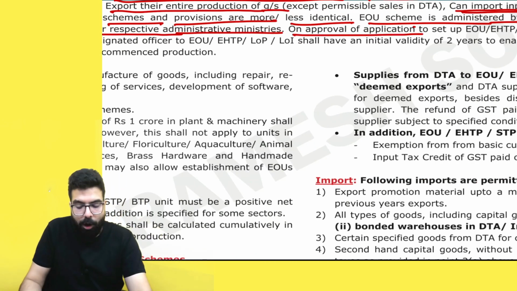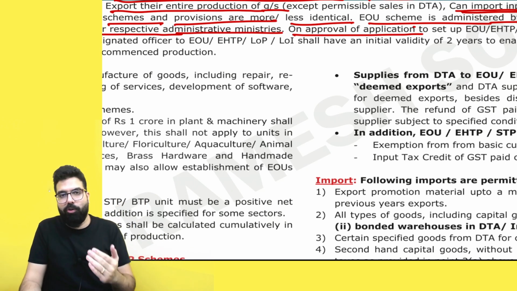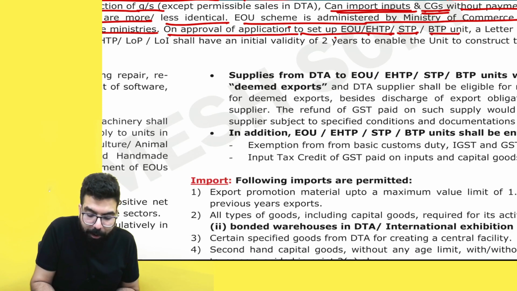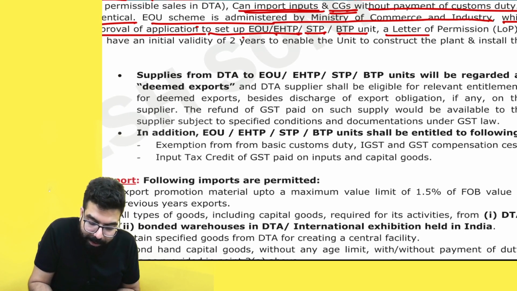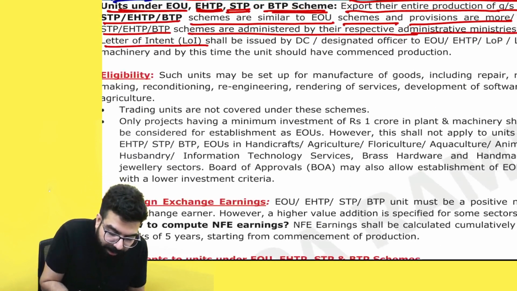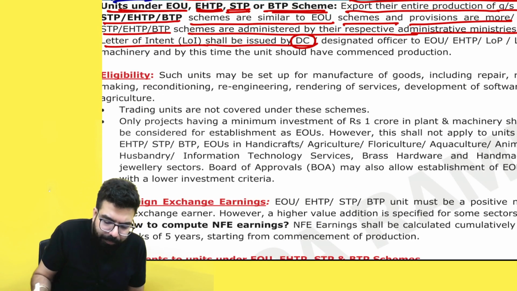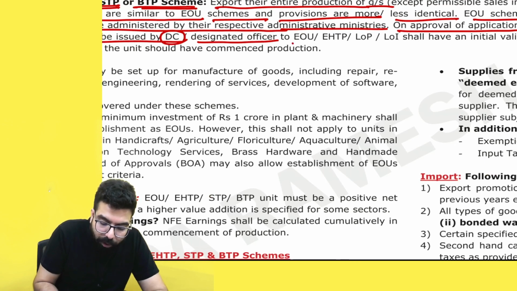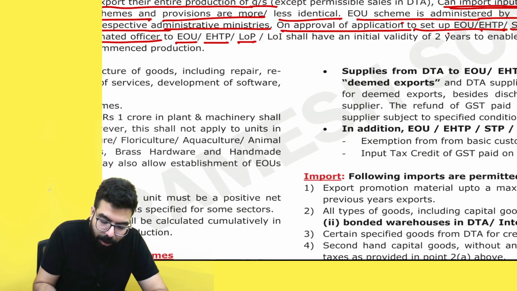On approval of the application, once you have got approval that you can set up your EOU, EHTP, STP or BTP unit, a letter of permission or letter of intent shall be issued by the DC. This is basically the commissioner or the designated officer for the EOU, EHTP or LOP.